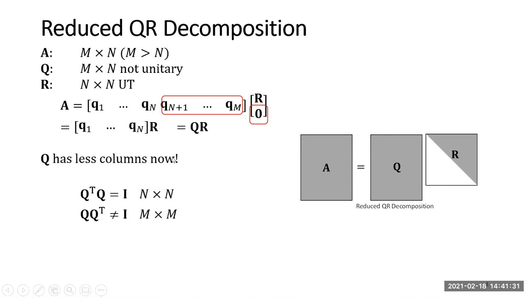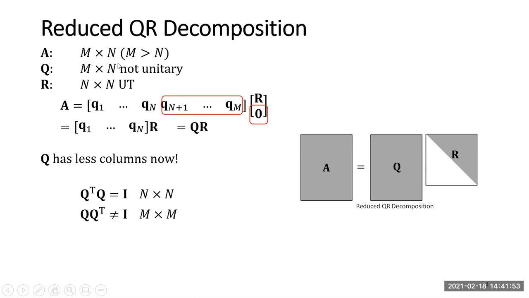Now Q has fewer columns now. So Q transpose Q is still equal to I because the columns of Q are still orthogonal, but Q Q transpose is no longer equal to I. In fact, what's the rank of Q? The rank of Q will be the smaller of the two numbers, right? M and N, Missouri and Nebraska.